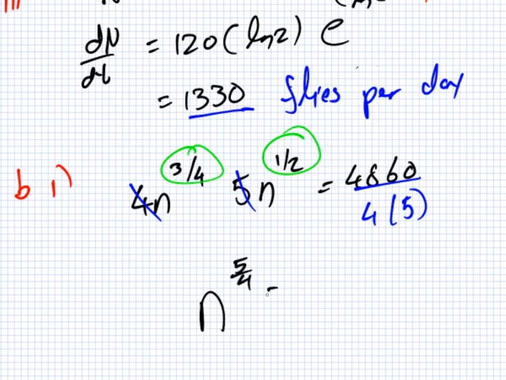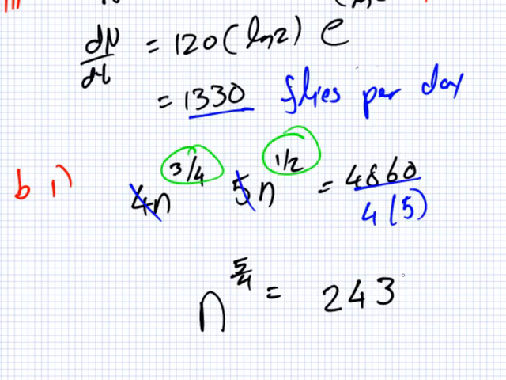And then on the right, what is it? 243. What do we do to finish, to get n? There's two things you can do.